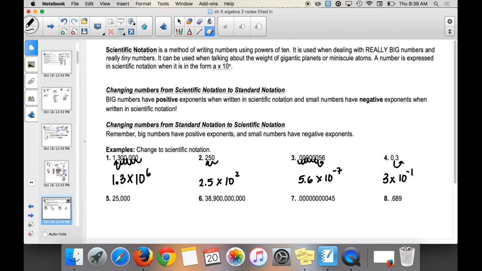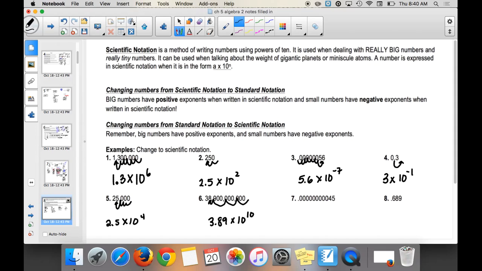All right, so the next one. So go ahead and try these along with me. See if you get the right answers. So we moved over 1, 2, 3, 4 places. So I'm going to have 2.5 times 10 to the 4th. The next one I'm going to go 3, 6, 9, 10 places. So I'm going to have 3.89 times 10 to the 10th. Michael, you with me?